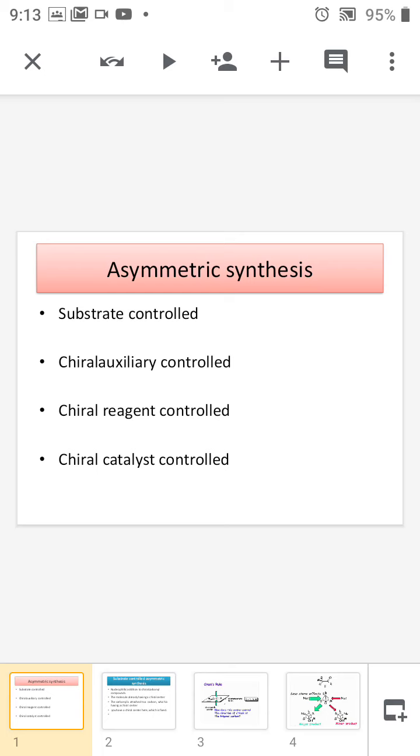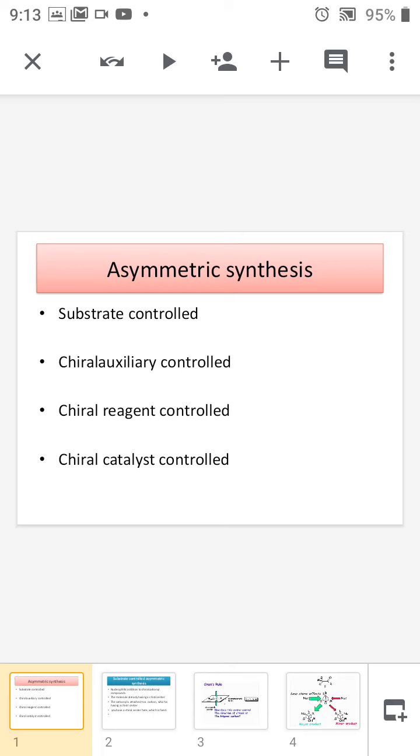So that's why there is a possibility of attack of the nucleophile on both sides of the chiral center. In order to avoid that, we substitute some of the small molecule with an optically active bulky compound, bulky groups, and after the asymmetric synthesis we will remove that bulky group.